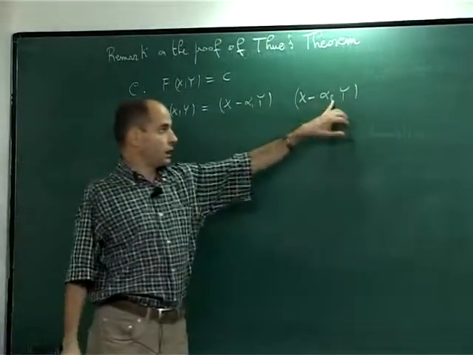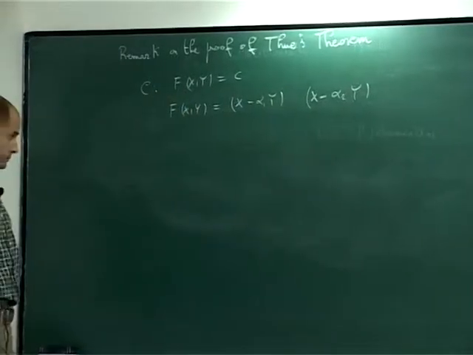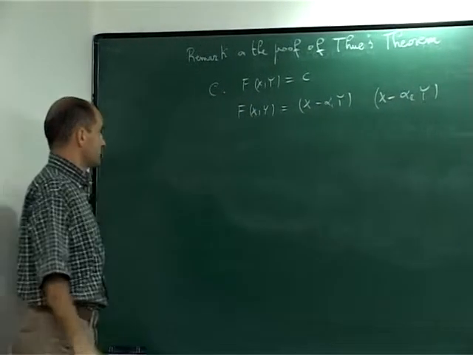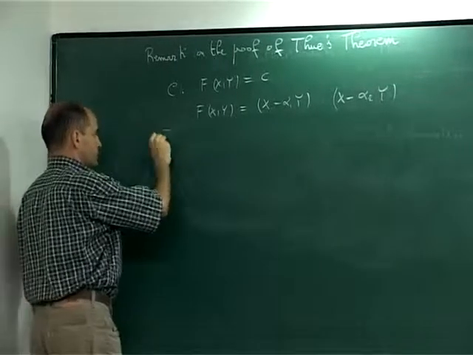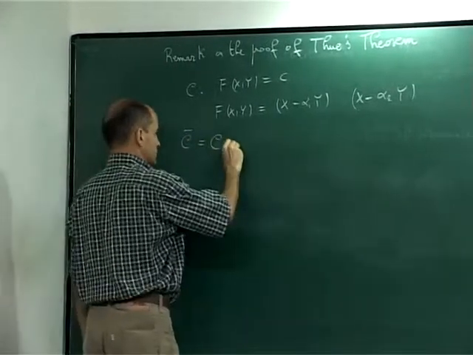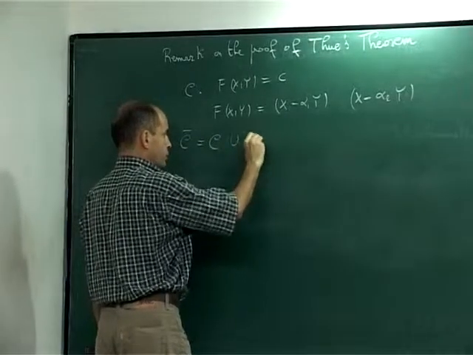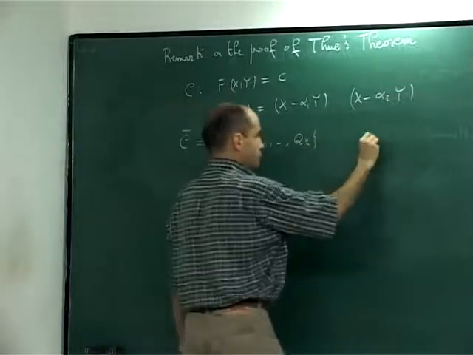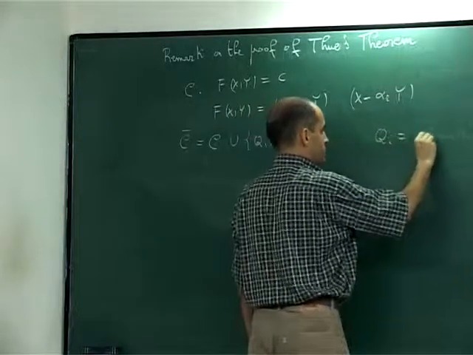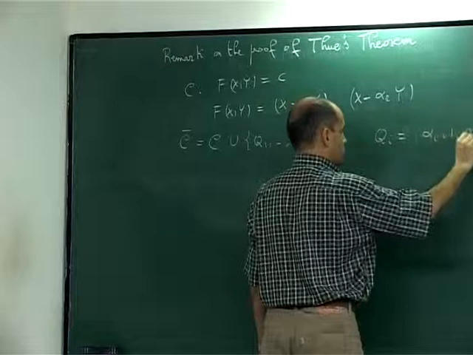Now I use r for the degree. So you can see its completion as C plus the points at infinity, and Qi is the points (alpha i, 1, 0).